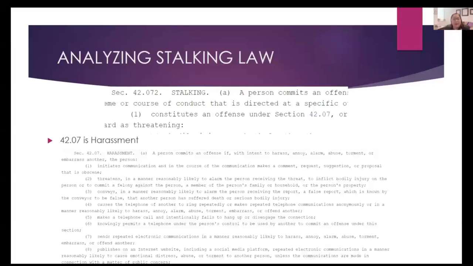And so I have included the harassment statute there, which says that they initiate that communication, and in the course of the communication make a comment, request, suggestion, or proposal that is obscene.